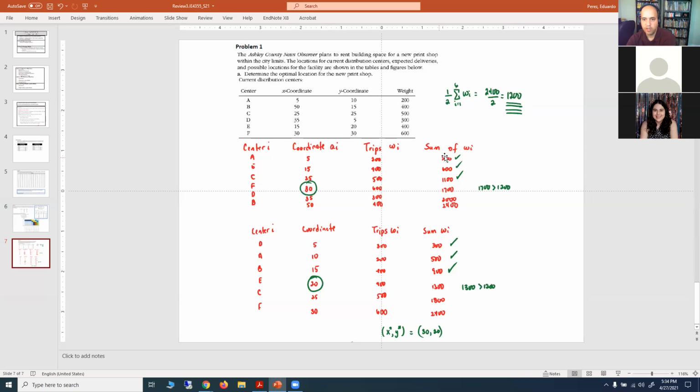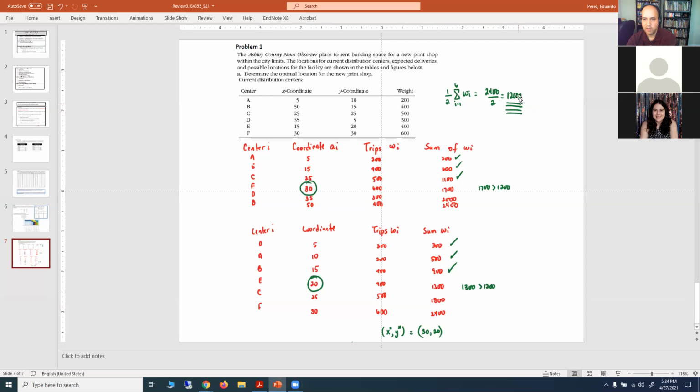So what we are going to do now is start adding or aggregating the values for WIs from this point to this point. So 200, 600, 1100, 1700, 2000, and 2400. And we do the same thing for the Y coordinates. We do the aggregation for all until the last center.